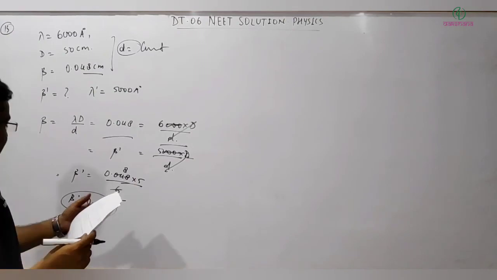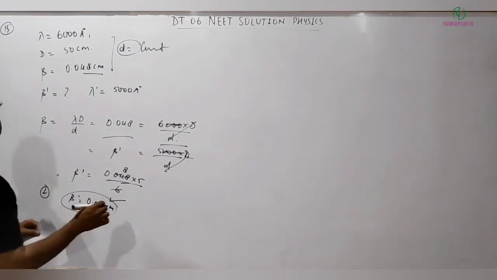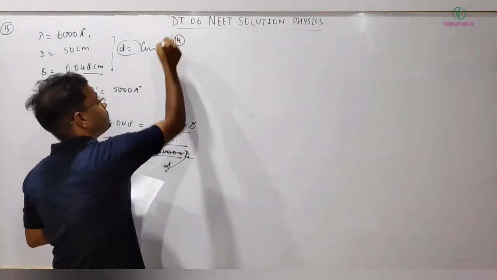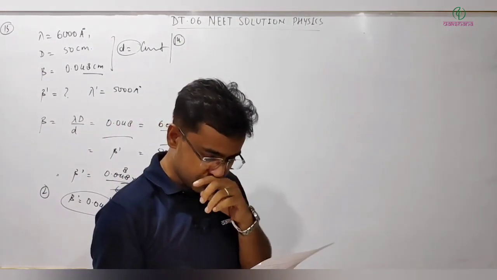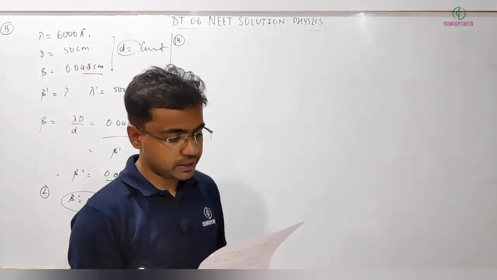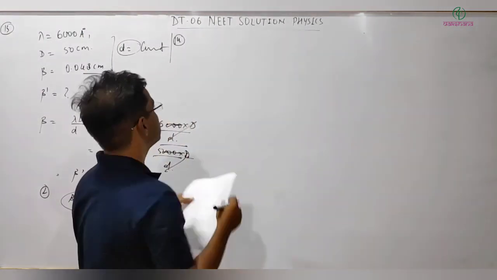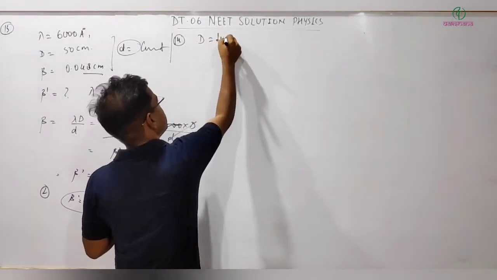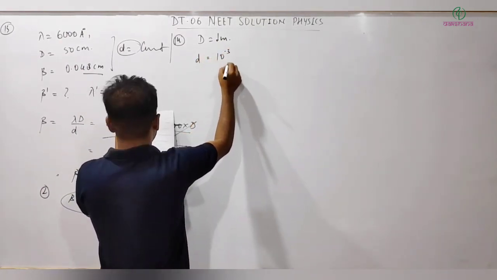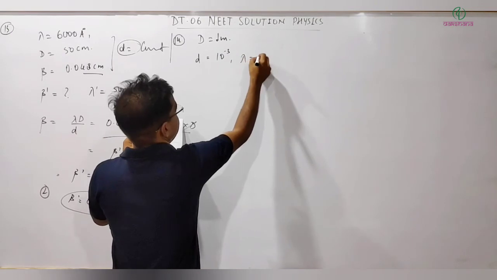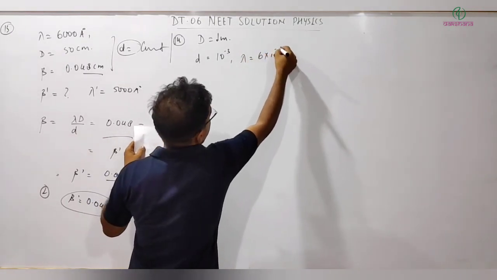Question number 14. Fringe width in Young's double slit experiment on a screen is produced at a distance of 1 meter from the slit. So capital D is given as 1 meter, small d, the slit separation, is given as 10 to the power minus 3 meter, and the wavelength of light is 6 into 10 to the power minus 7 meter.